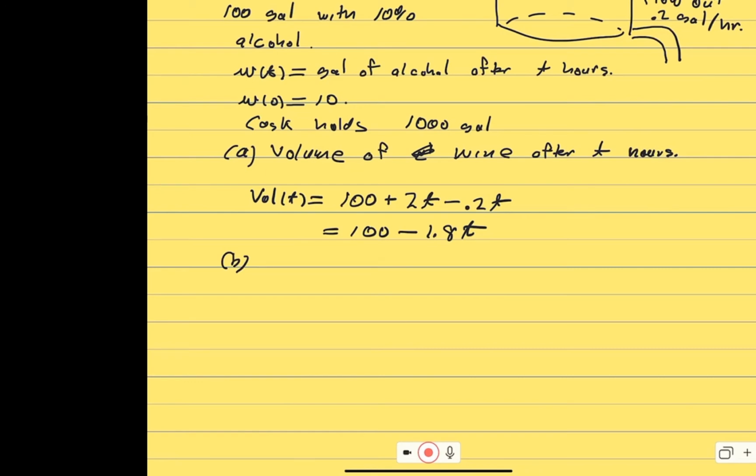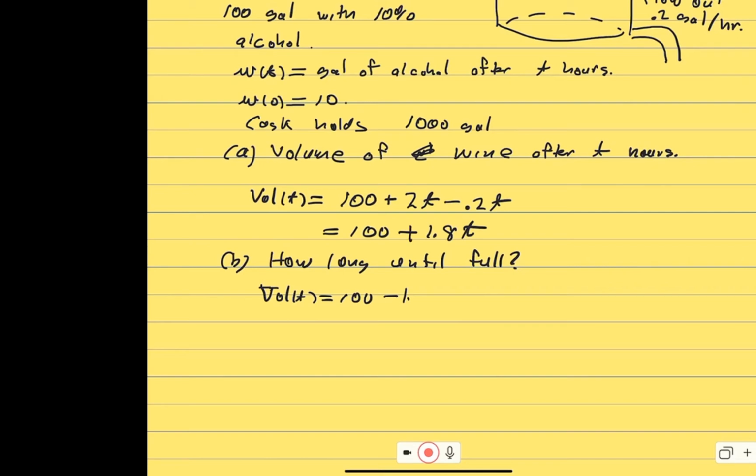B asks how long until the cask is full. Well, that's just going to set the volume, which we know is 100, minus 1.8 T. I'm sorry, this should have been a plus here.